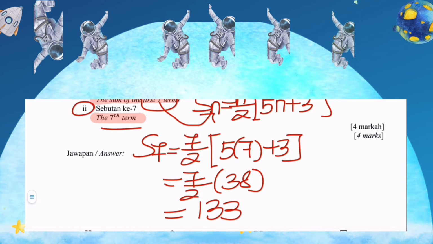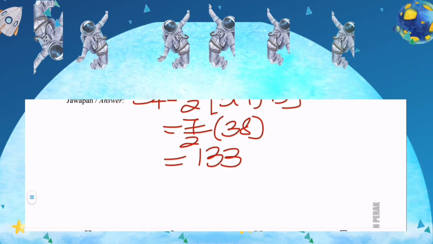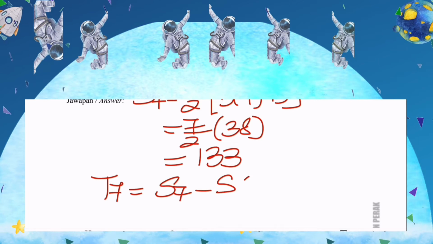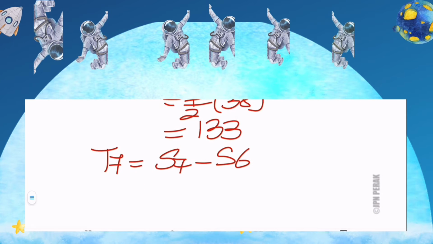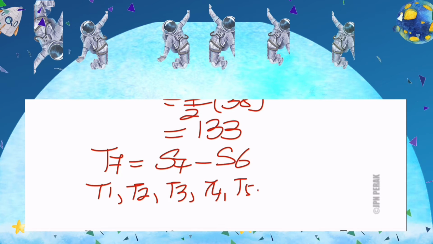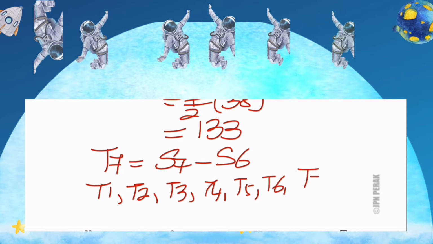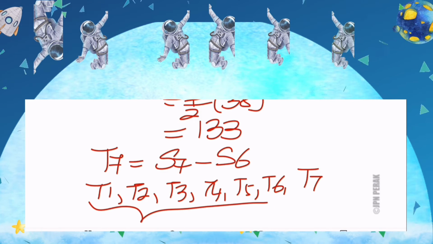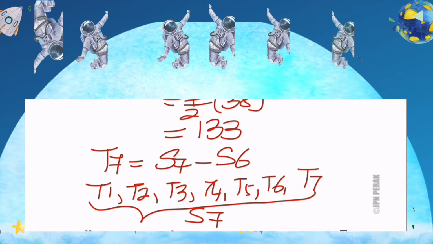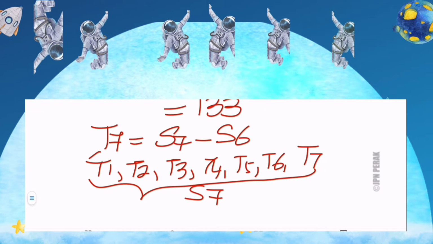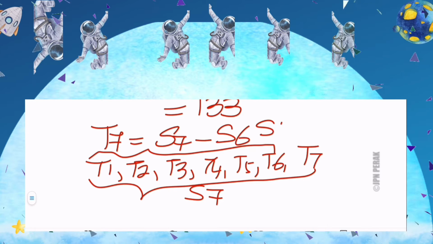So how do we find the 7th term? The 7th term can be found using the formula: sum of the first n terms minus sum of the first n minus 1 terms. T7 is equal to S7 minus S6. Based on this concept, let's say I list out the first term to the 7th term. If I add up the first 7 terms and subtract the first 6 terms, of course I will get the 7th term.